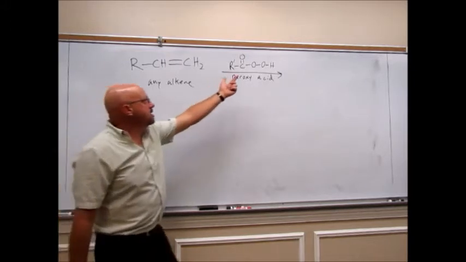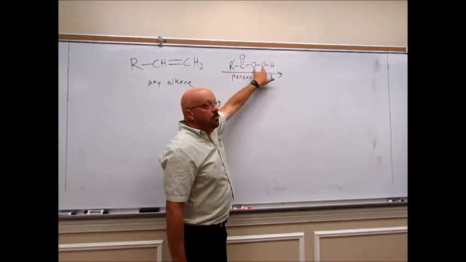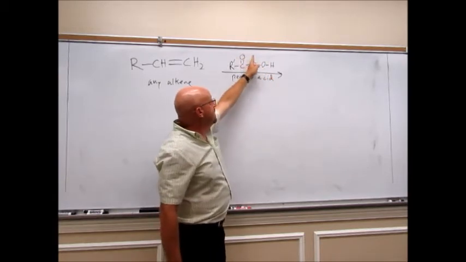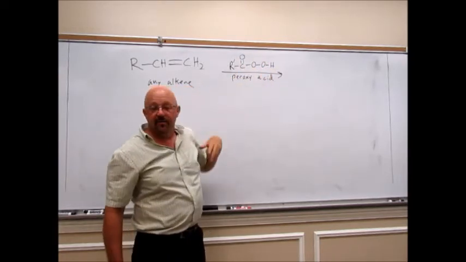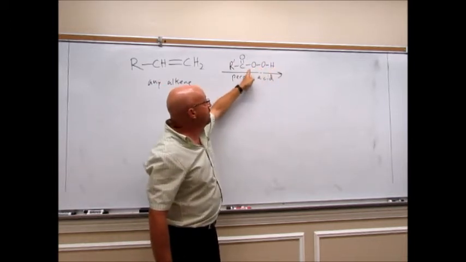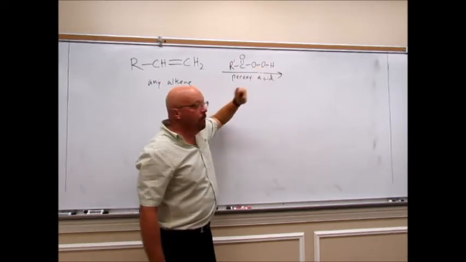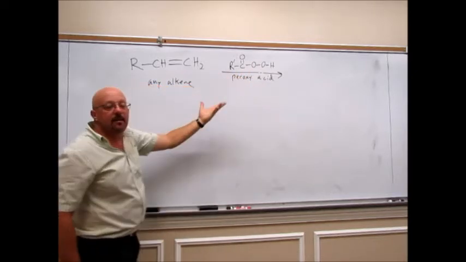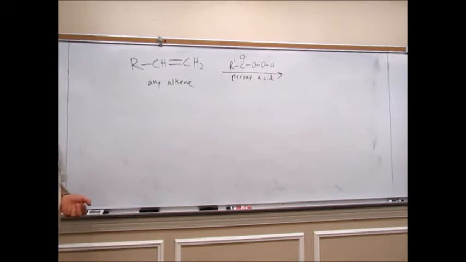We know an oxygen-oxygen bond is a peroxide. But you can see it also looks like a carboxylic acid. If this was an OH group here, it would be a carboxylic acid. But we have the O bond there first, so that's a peroxide. So we cross it, it's a peroxy acid.